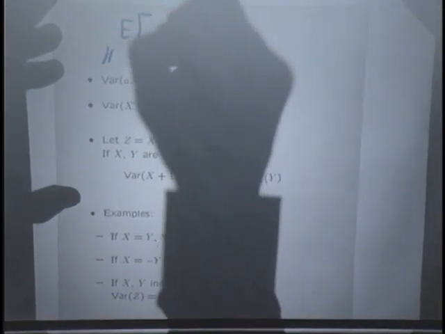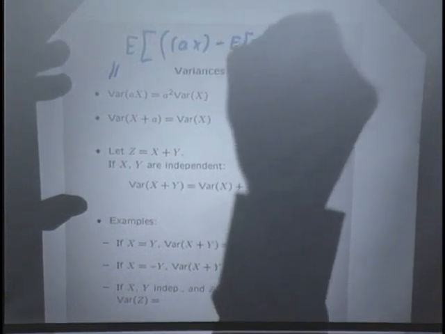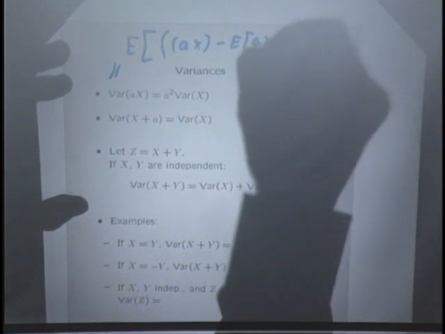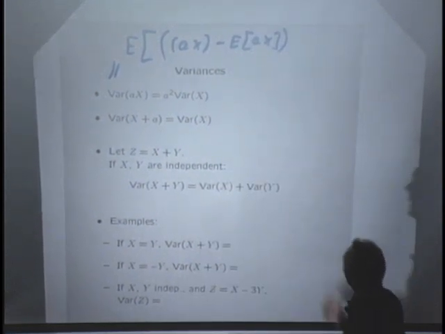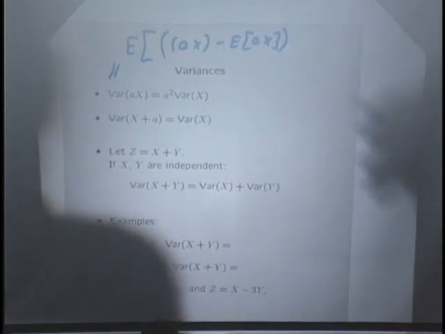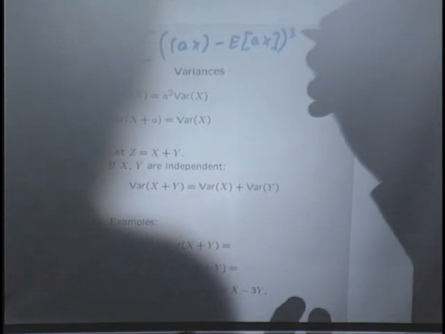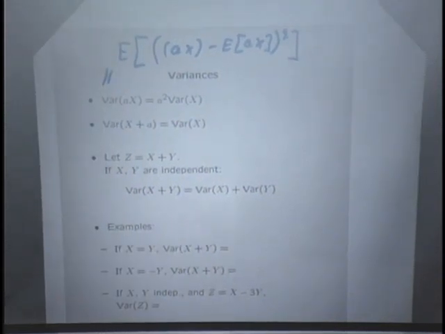It's the expected value of the random variable that we're looking at minus the expected value of the random variable, so this is the difference of the random variable from its mean. We take that difference and square it, so it's the squared distance from the mean, and then take expectations of the whole thing. So when you look at that expression, you realize that a can be pulled out of those expressions.